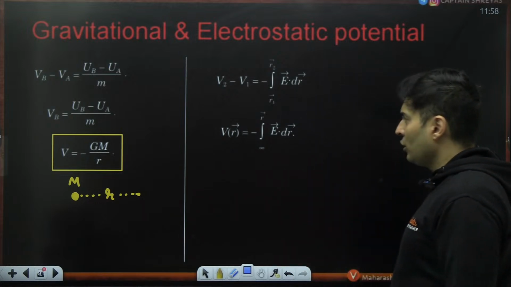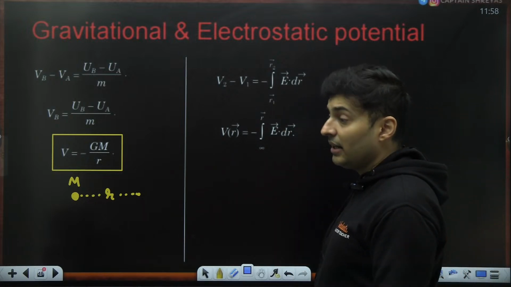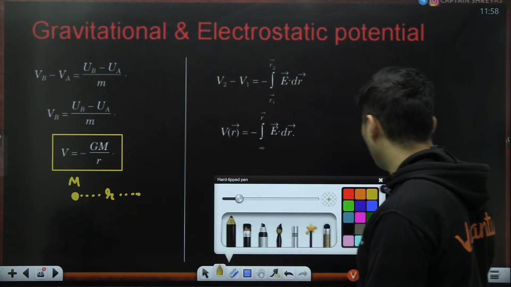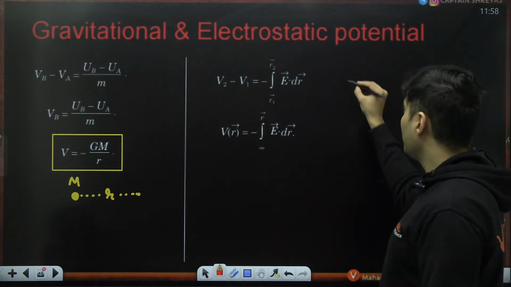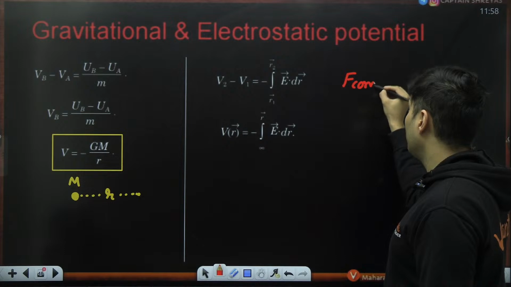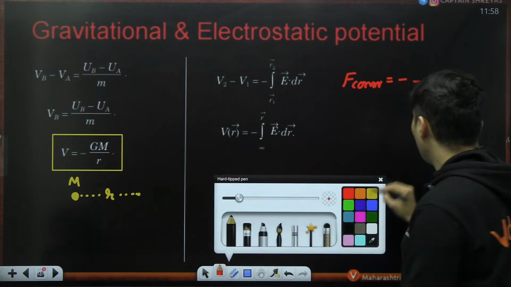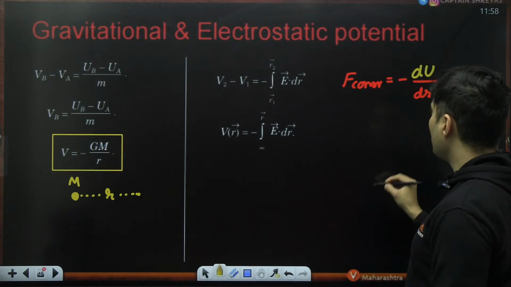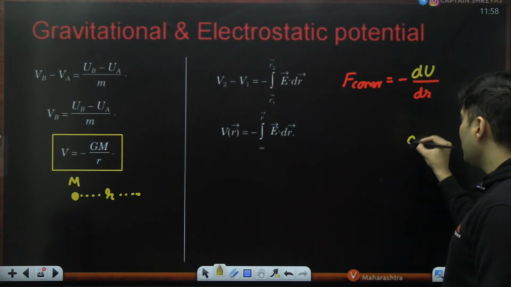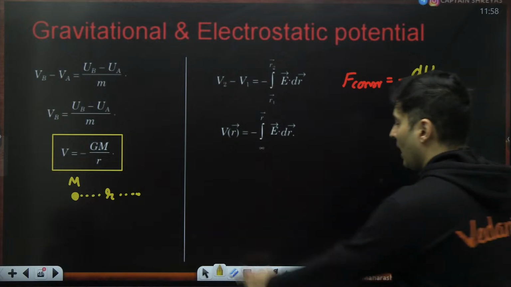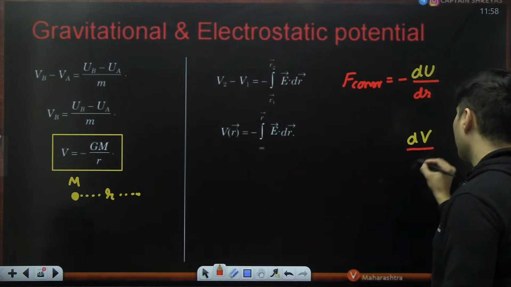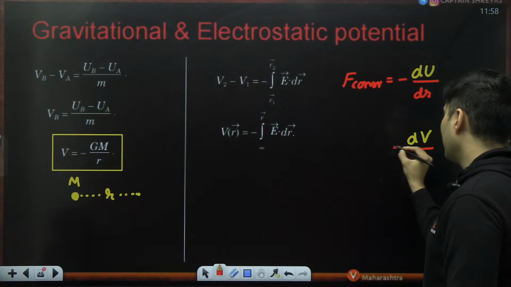And you can relate electric field and gravitational field just like you could relate force and energy. Remember the conservative force, minus dU by dr. Instead of energy, I can put potential and divide the same thing by dr with a negative sign.